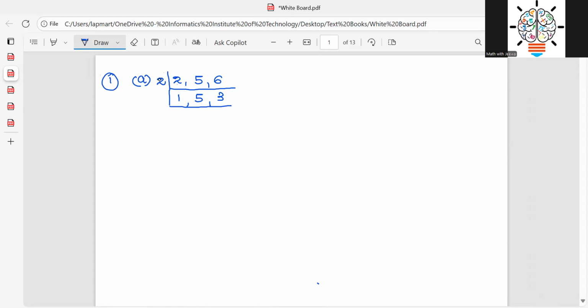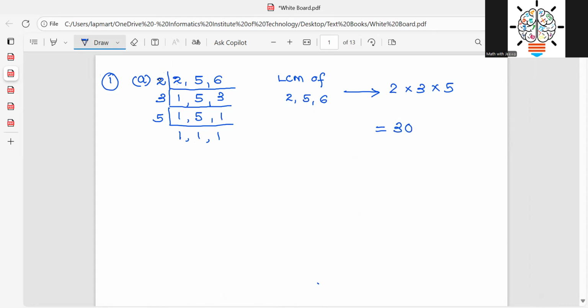Then I take the next prime number, 3: 1, 5, 1. Then the next prime number, 5: 1, 1, 1. So how do you get the LCM of 2, 5, 6? That is 2 times 3 times 5. 2 times 3 is 6, 6 times 5 is 30. So 30 is the LCM of these numbers.